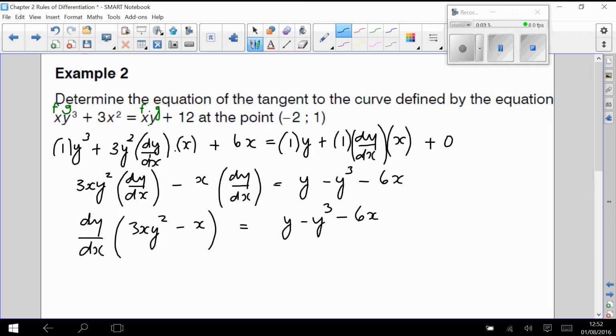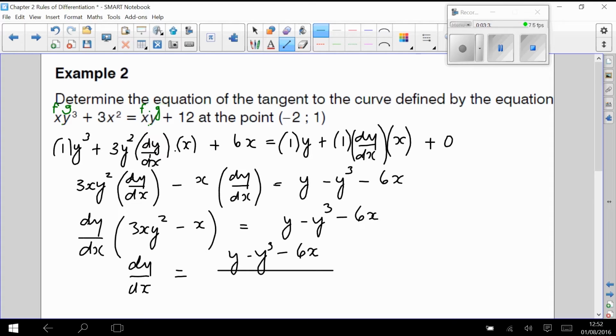In my last step, all I need to do is divide both sides by the bracket factor. In other words, I'm going to have dy by dx is equal to y minus y cubed minus 6x all over 3x y squared minus x.